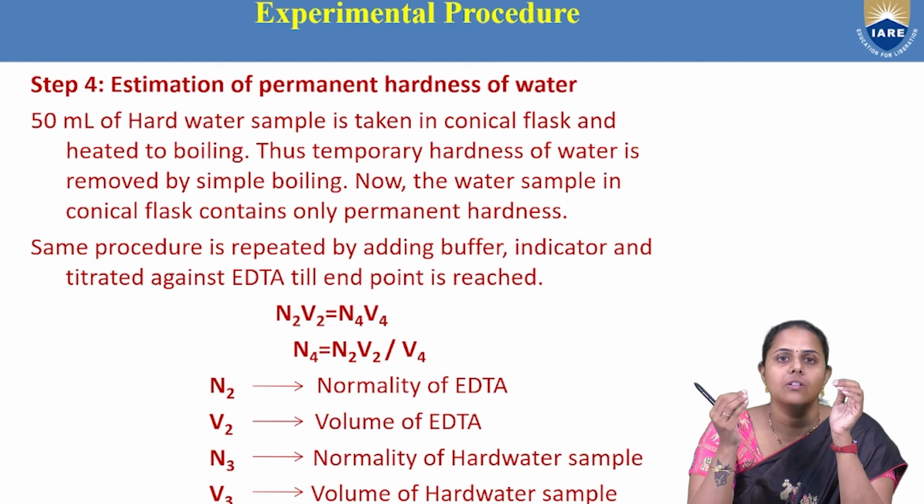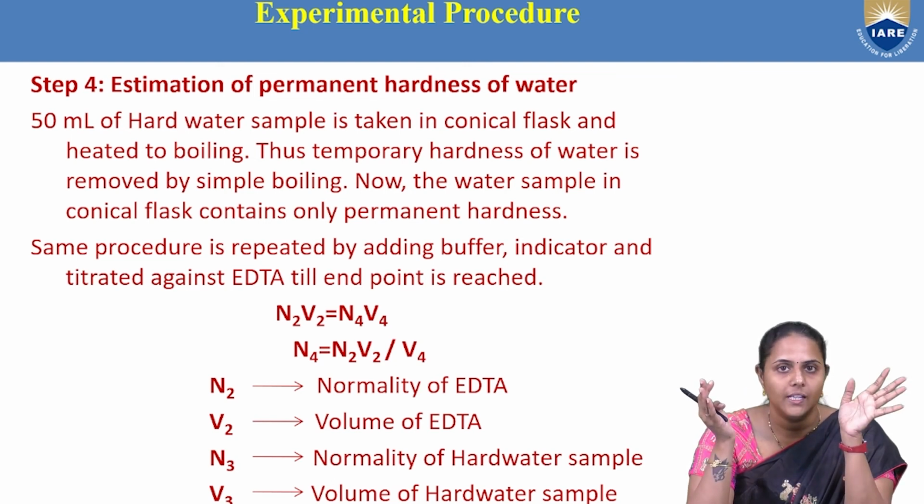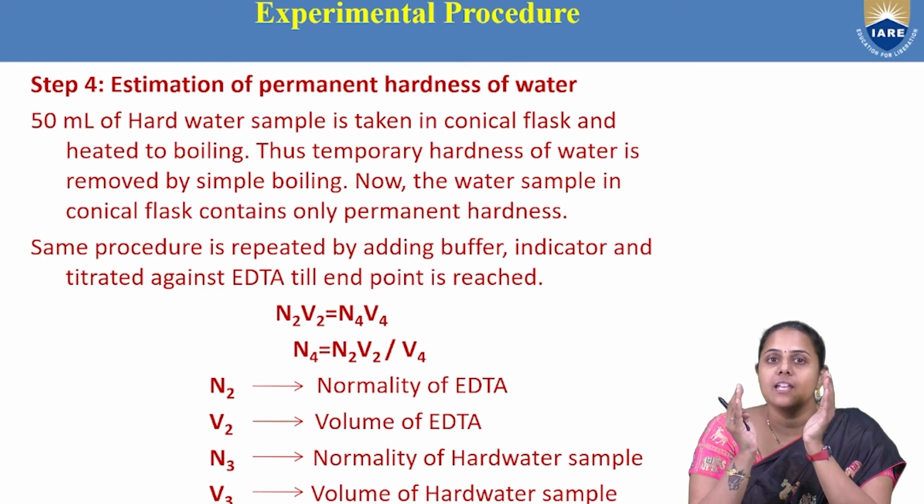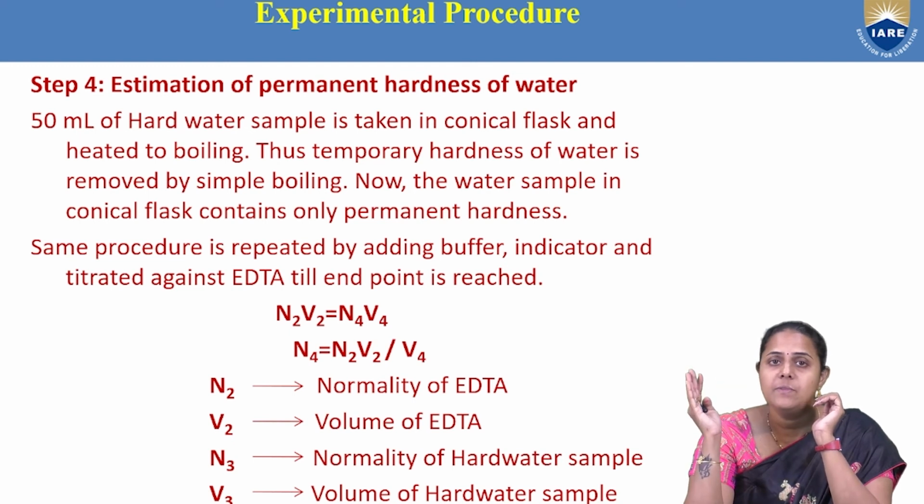After 10 or 15 minutes of boiling, the temporary hardness will be eliminated, and the water which is left over contains only the permanent hardness causing salts. So the only hardness left over in the water is permanent hardness.